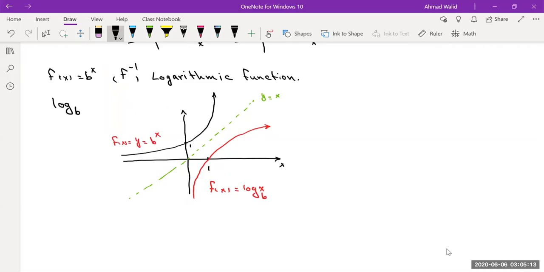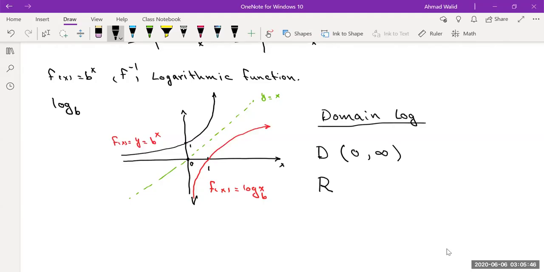The red graph is the graph of log. The domain of the logarithmic function, as you see in this graph, starts from 0 and goes to infinity. The range starts from negative infinity.